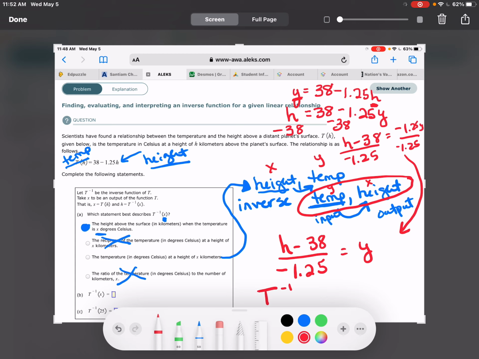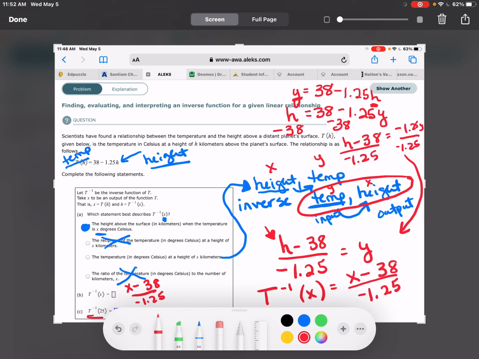T inverse of x equals, now let's write x instead of this variable because we've now just sort of redefined things. X minus 38 over a negative 1.25. I think in the answer key, they're going to make it so there's not a negative 1.25 on the bottom. We're going to leave it just like that for right now. This would be the answer, x minus 38 over negative 1.25.